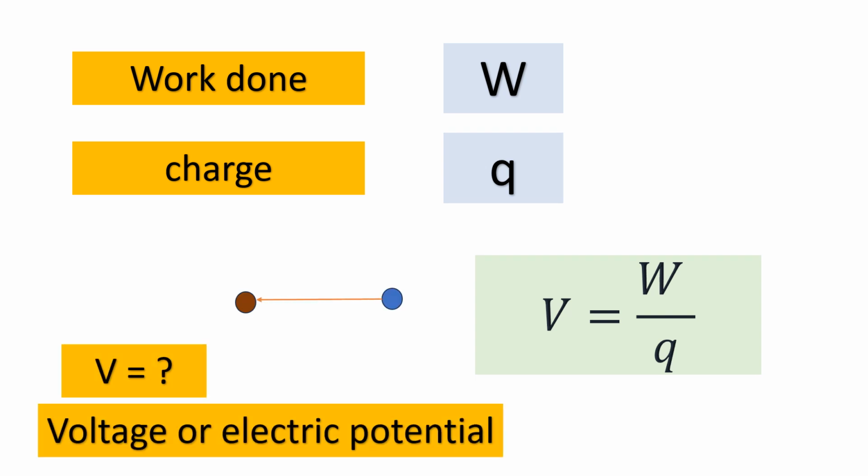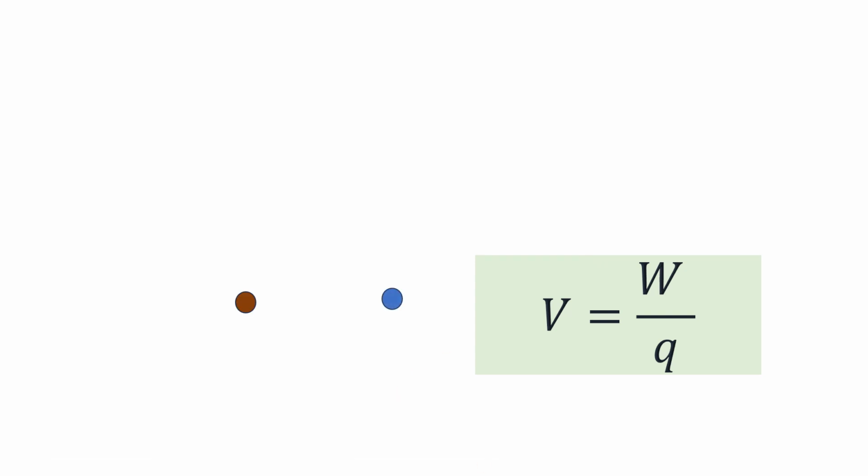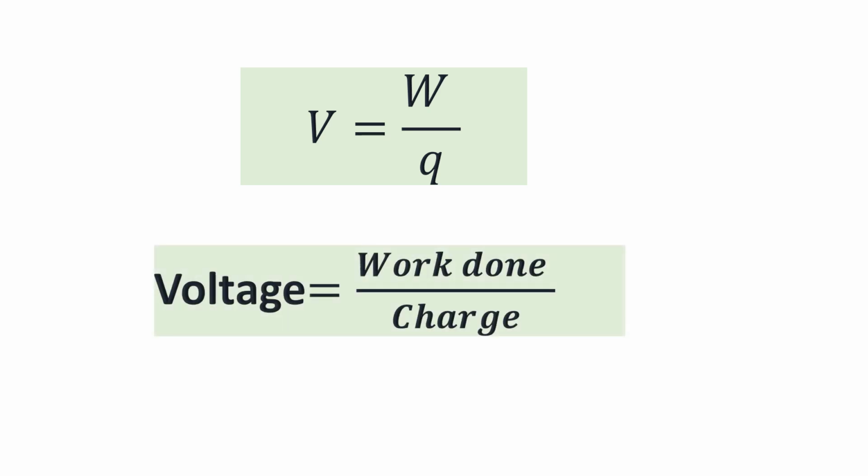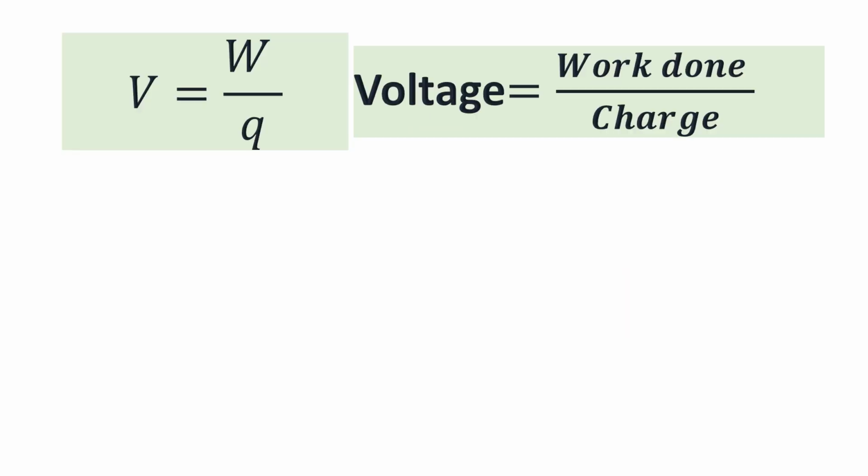V equal to W over Q. This shows that voltage is the work done to bring a charge from one place to another. So this is our formula: voltage equal to work done per unit charge.